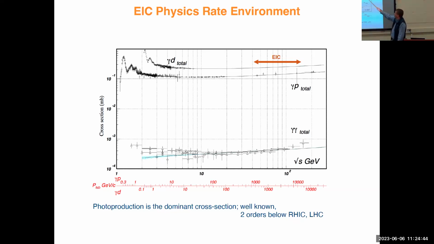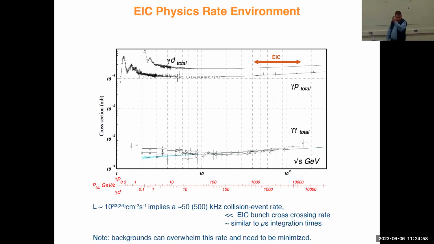So photoproduction is the dominant cross-section. It's rather well known. This is essentially an interpolation in the EIC range. It's also about 2 orders of magnitude below cross-sections at RHIC, the ep collider, and the LHC. And if you compare this with luminosity projections of 10 to the 33rd or 10 to the 34th, in normal units of per centimeter square per second, that implies a physics collision rate at the level of 50 to 500 kilohertz.